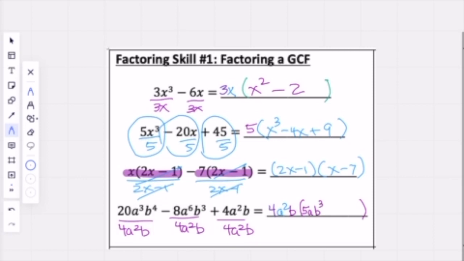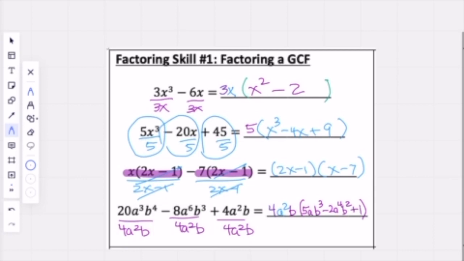All right. In the second term, we've got 8a to the 6th b cubed divided by 4a squared b. We're going to get negative 2a to the 4th b squared. And the last thing, we've got 4a squared b divided by 4a squared b. That's going to give us just a plus 1.